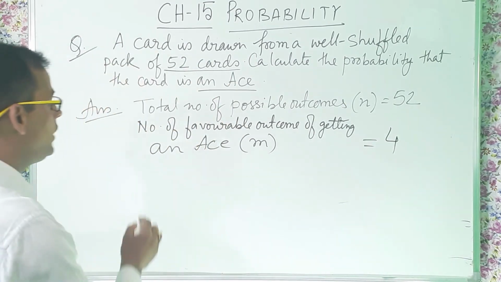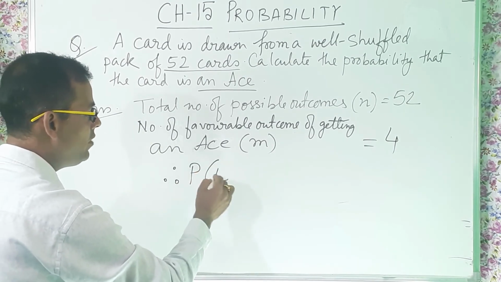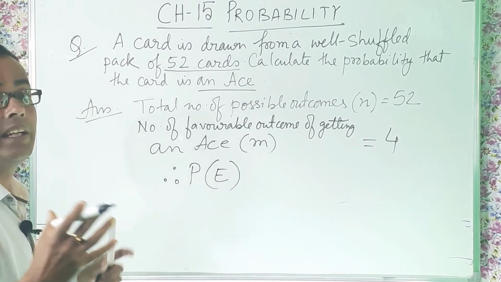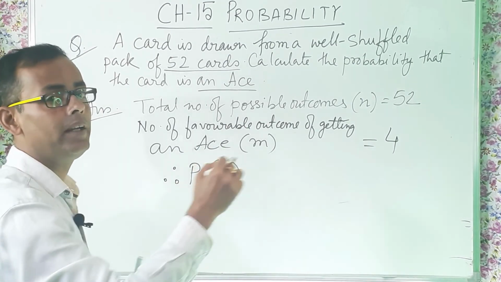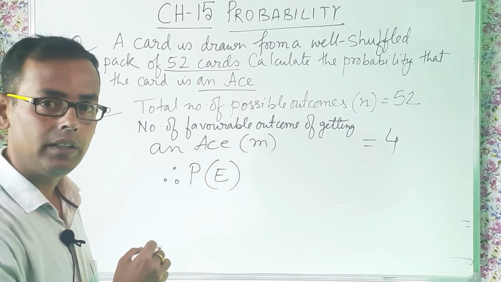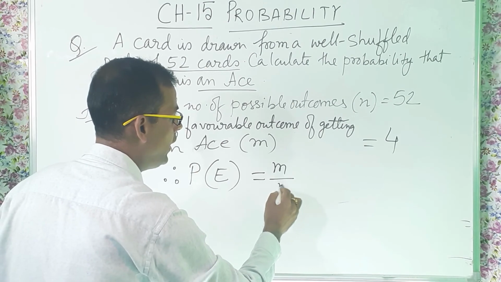Clear? Now therefore probability, that is P of the event. What is the event? Getting an ace. You can write P in bracket of getting an ace, equal to m by n.